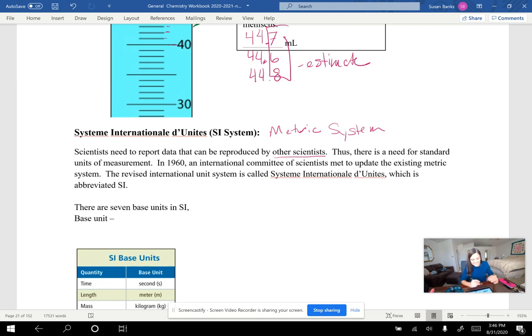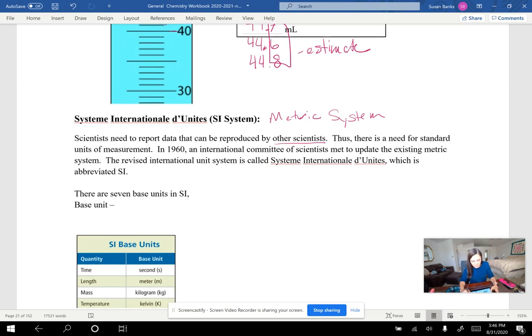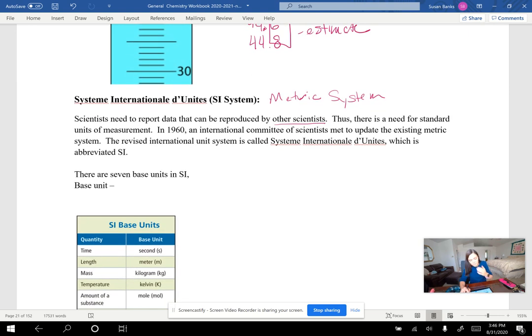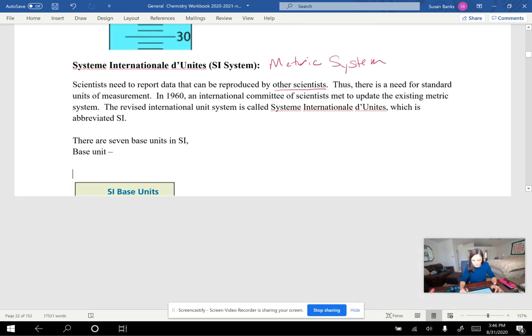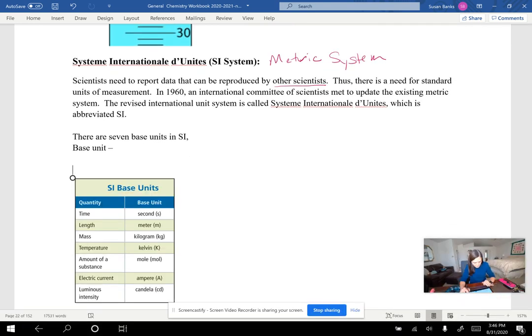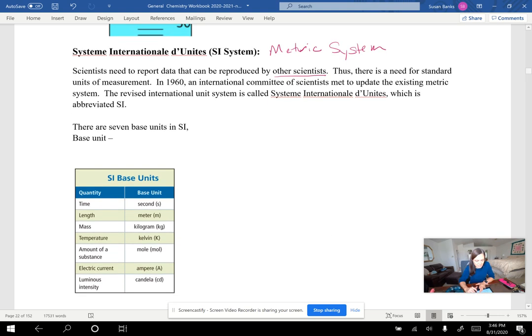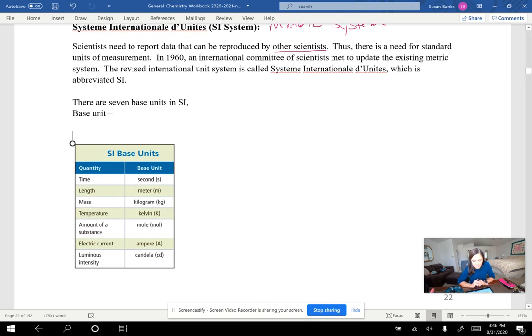In 1960, an international committee of scientists met to update the existing metric system. In fact, it was updated just a couple of years ago, in 2015. They redefined a couple of measurements. The revised system is called the Système International d'Unités, abbreviated SI.